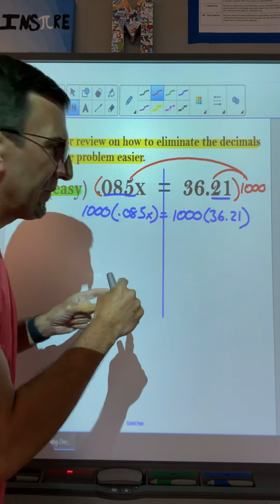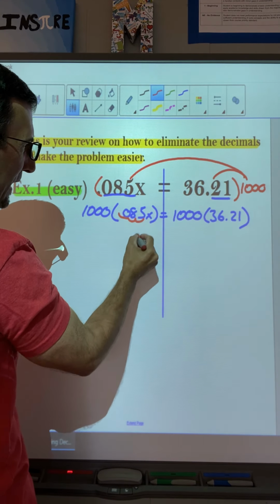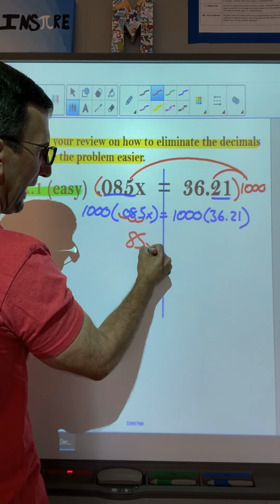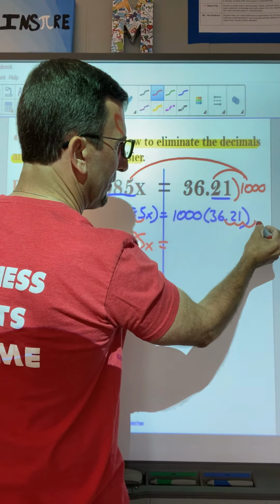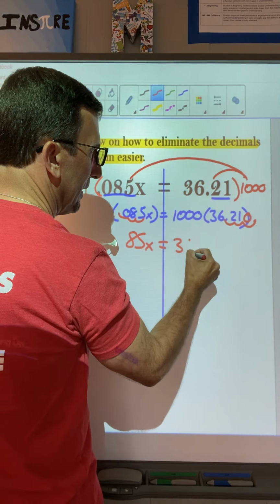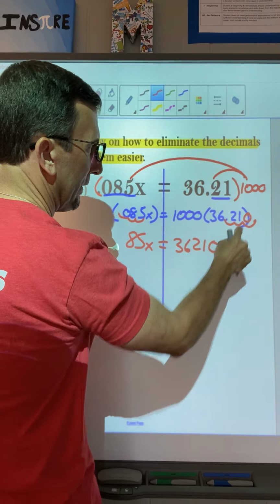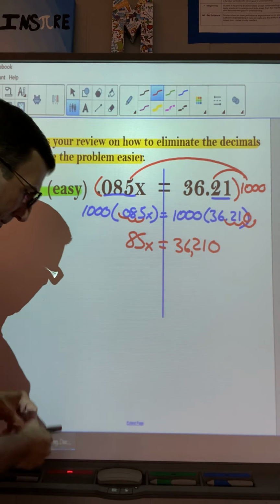Either way works. So if we multiply this by 1,000, that means move it over once, twice, 3 times. So I now have 85x. Move it over once, twice, 3 times. Well, since it's way over here, I got to put a decimal placeholder in there. Okay, so a placeholder. So we now have 36,210.